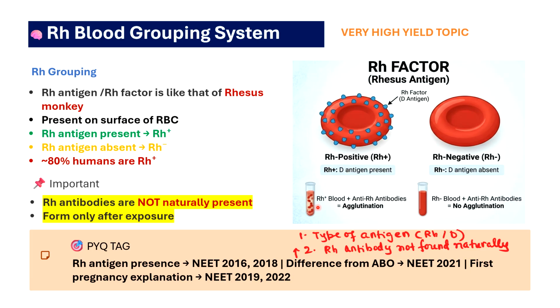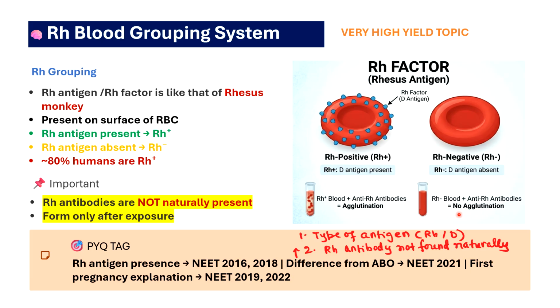So if you see an RH positive person, if it interacts with anti-RH antibodies, what will happen? Because the antibodies will recognize the antigens present in the RH blood, they will attack them and agglutination would be there.